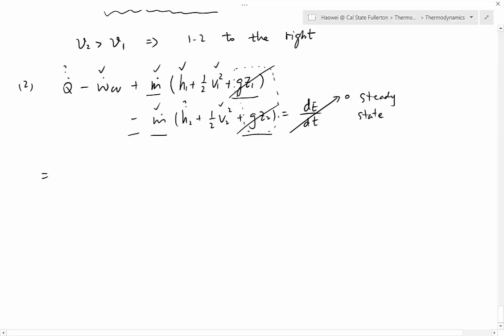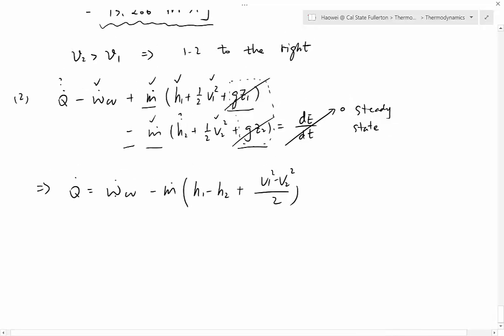Okay, so this equation becomes Q dot equal to, because Q dot is the only one we're looking for, Q dot is equal to W dot CV minus M dot multiplied by H1 minus H2 plus V1 squared minus V2 squared over 2. Okay, so that is the equation.